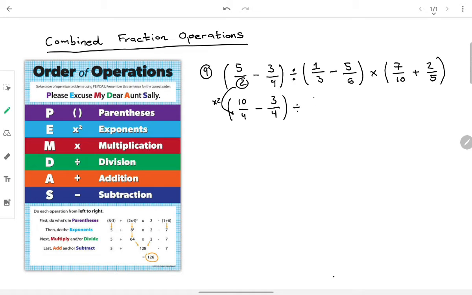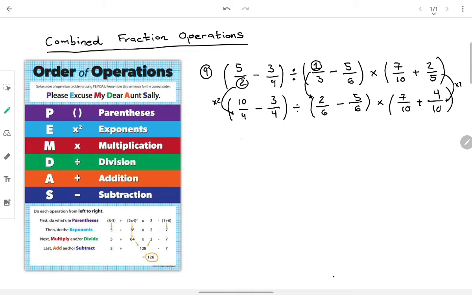In the next one, we need to transform them into sixths. So this one doesn't move. The other one is multiplied by 2, so 2 sixths, multiplied by 7 tenths. This one doesn't move. It will be tenths. It's also multiplied by 2, so it will be 4 over 10.